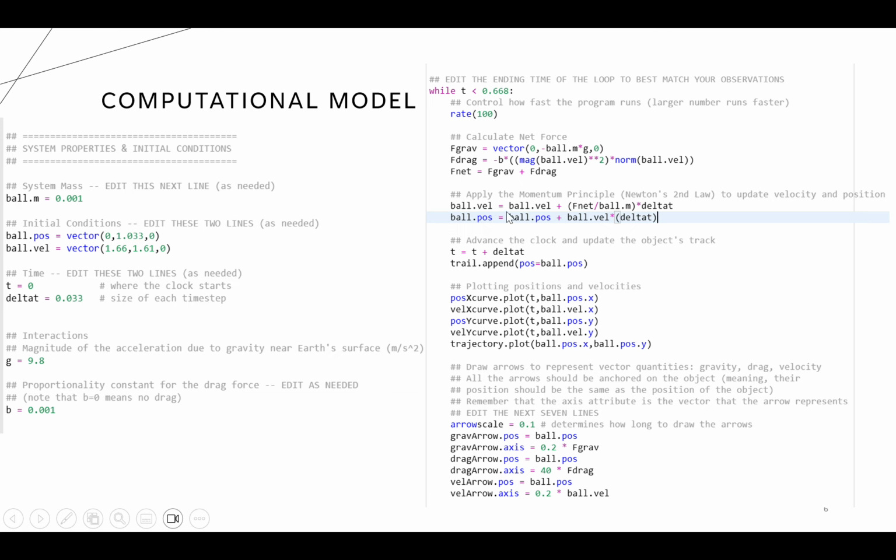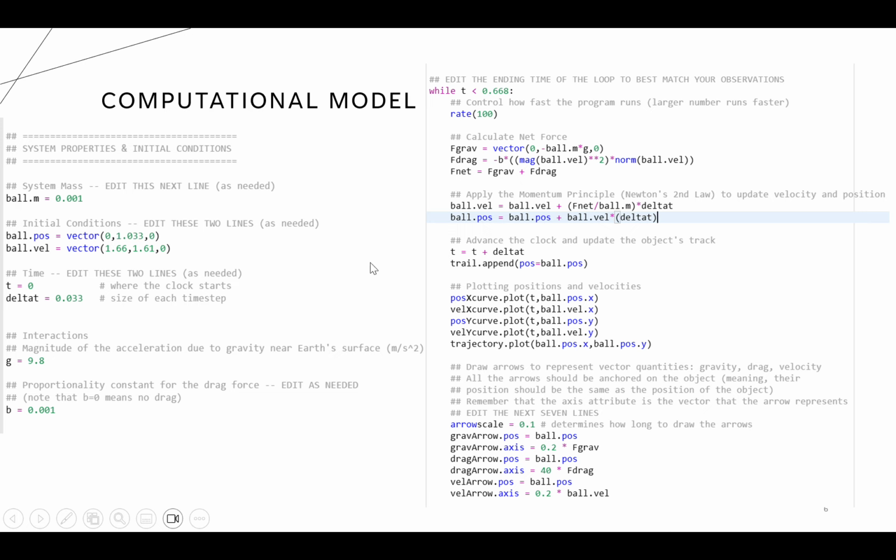And then next we have the velocity update formula right here and the position update formula. And this is all done in a while loop because it's having to be recalculated at every time step. And as you can see, this is where the time step is added up. And then finally, it's outputted into vectors just to show you what it looks like in the program.